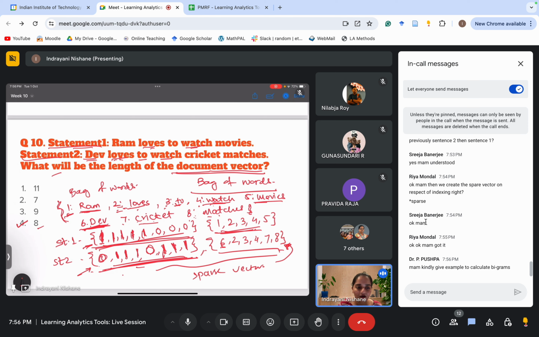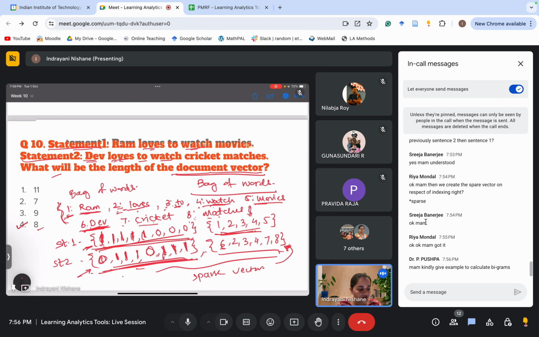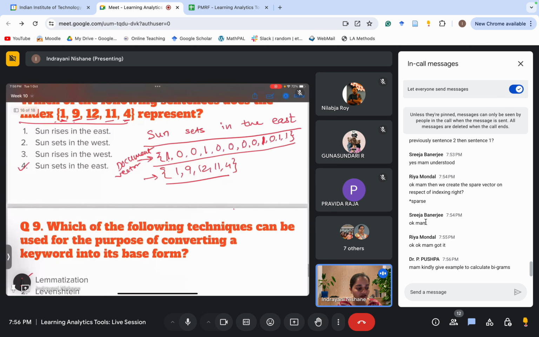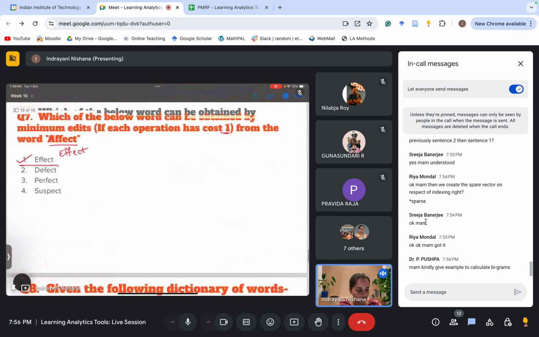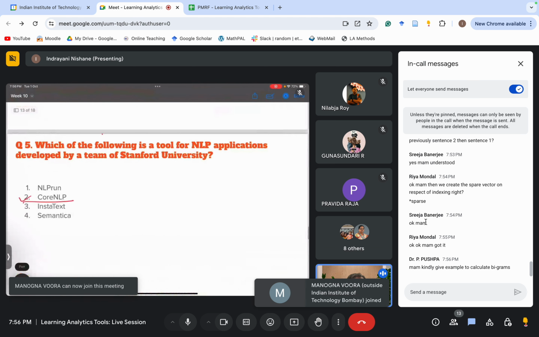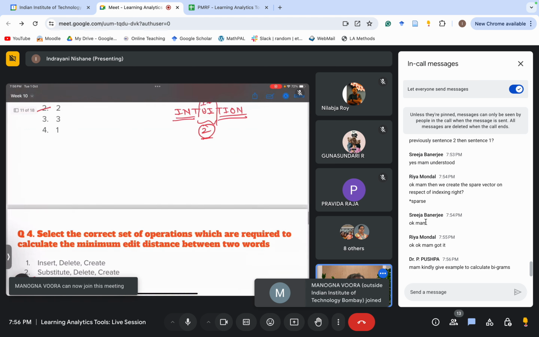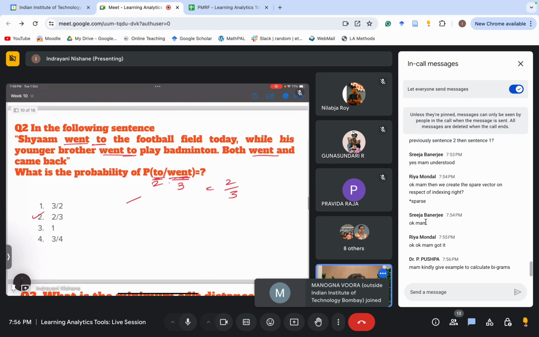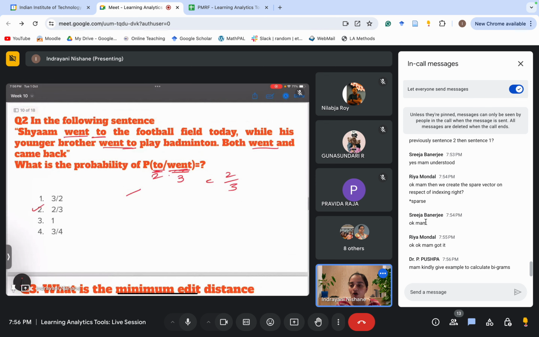So there is no fixed method as such to calculate bigrams. Bigrams is when we consider two words together. There was this question in this particular assignment, a bigram question.